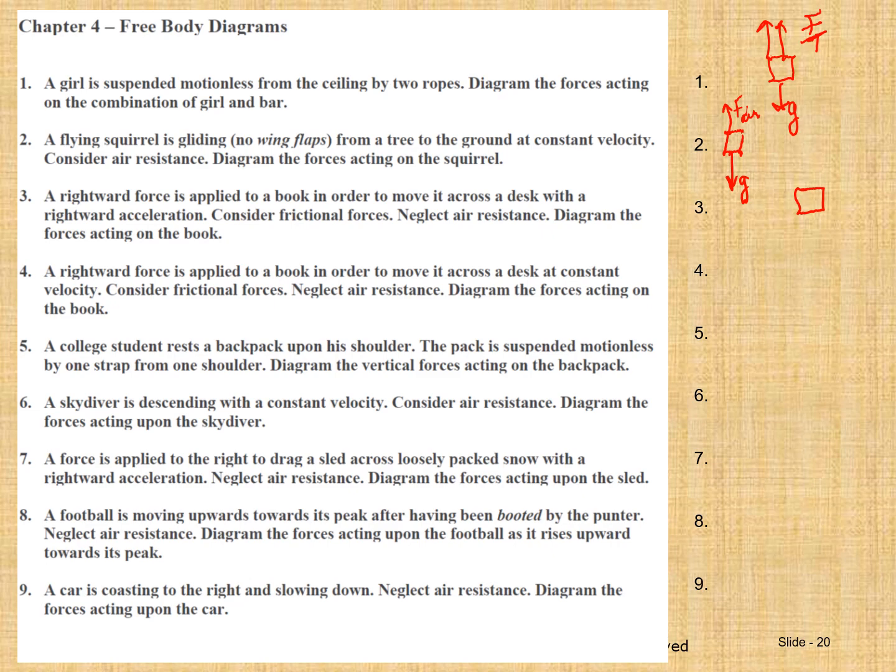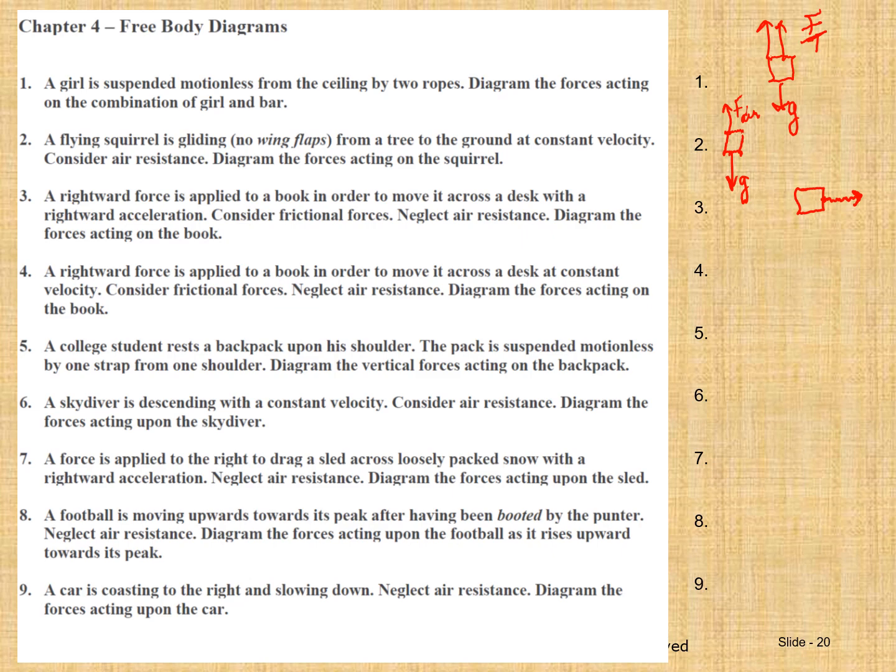A rightward force is applied to a book in order to move it across the desk with a rightward acceleration. So we're applying a force, an acceleration to the right. There's a book, and it's sitting on a desk.